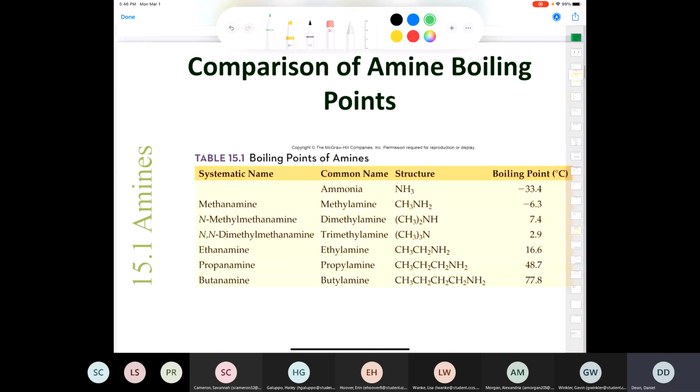Here's a table that comes straight out of our textbook. You can break this table up any number of ways, but the way that I would do it is to compare, let's say, these three right here. All three of these compounds, trimethylamine, ethylmethylamine, and propanamine, all have the same molar masses.